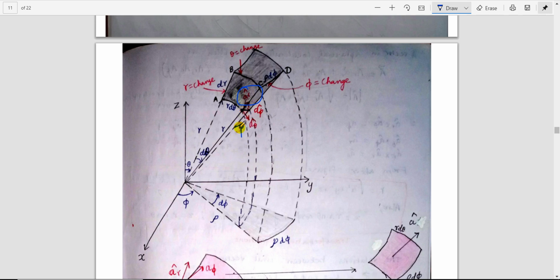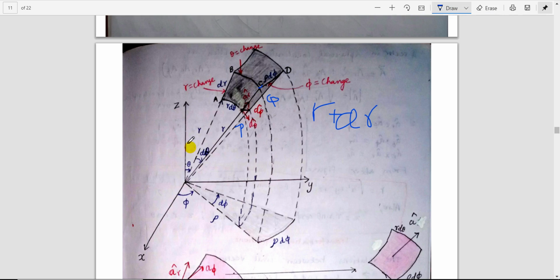Then this point is called r, and this point we can represent as r plus dr. So if you represent one point as r, the other point is measured as dr. Okay, so this is one way, and this is for r. What about theta? Theta also we can represent in this form.